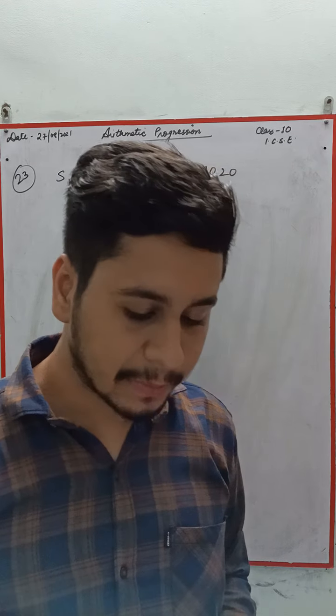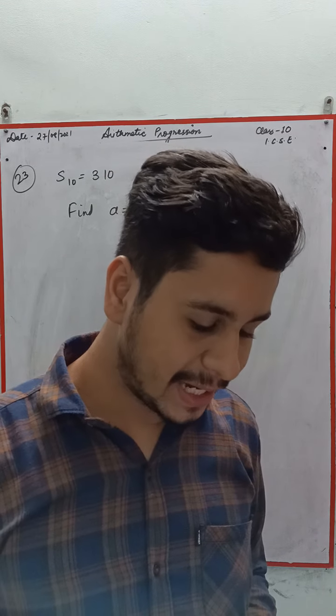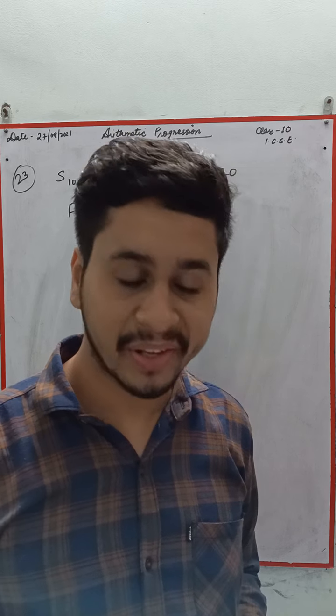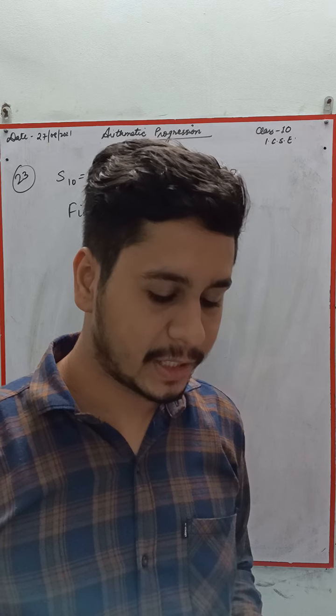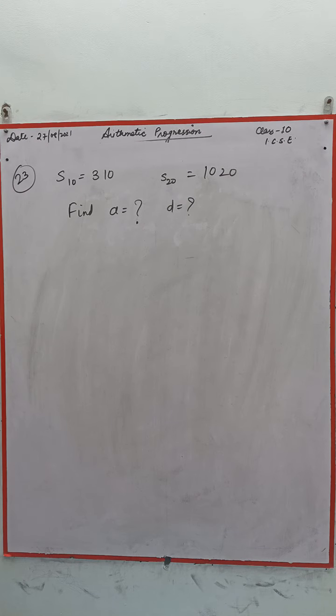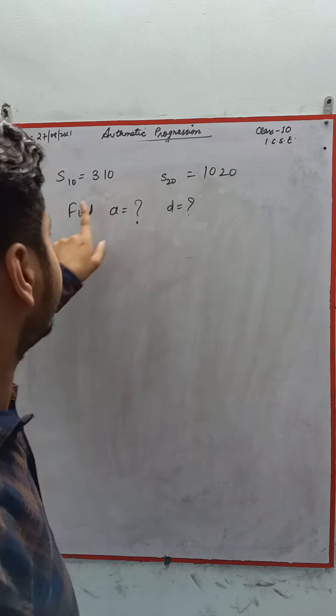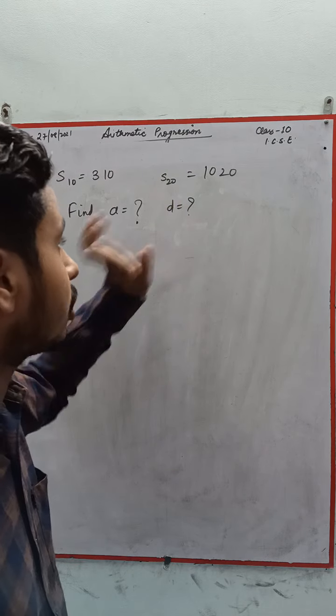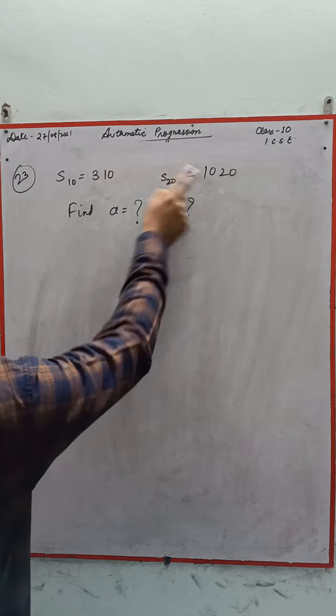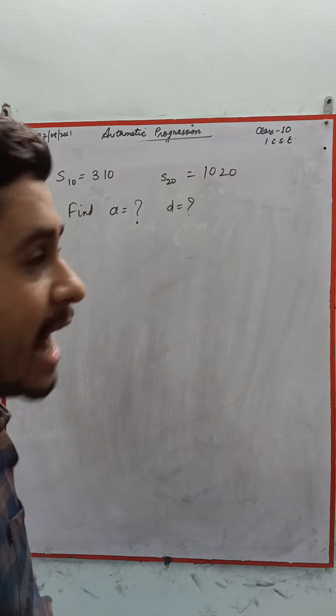Okay, let's come to the 23rd question. In an arithmetic series, the sum of 10 terms is 310 and the sum of 20 terms is 1020. Find the first term and common difference. So S10 is given to us, S20 is given to us. We need to find a, the first term, and the common difference. With the help of these two equations, we will find a and d.